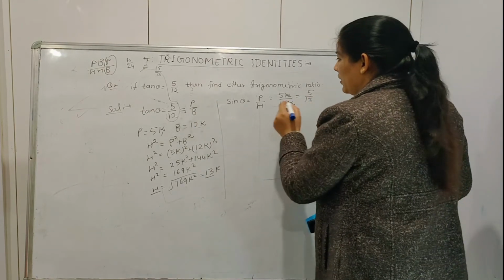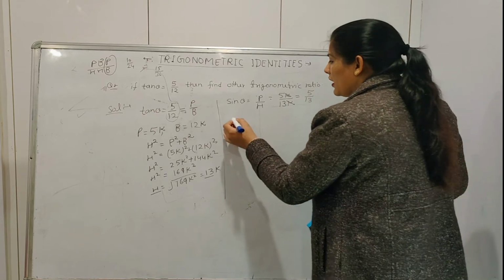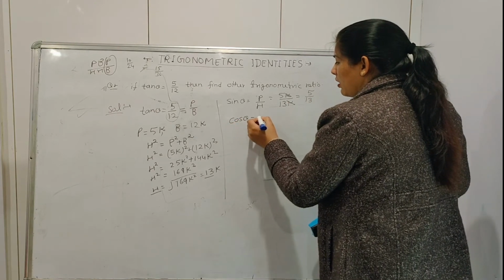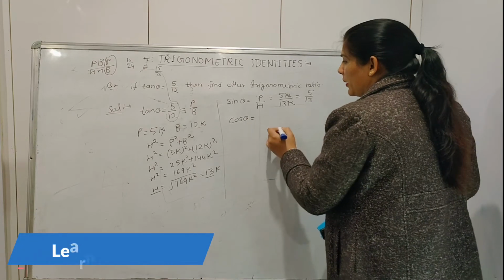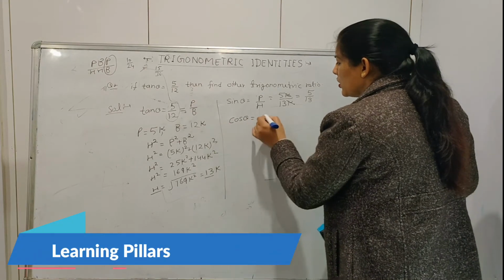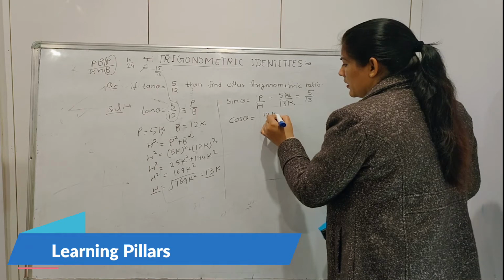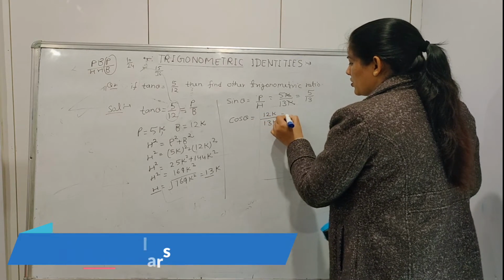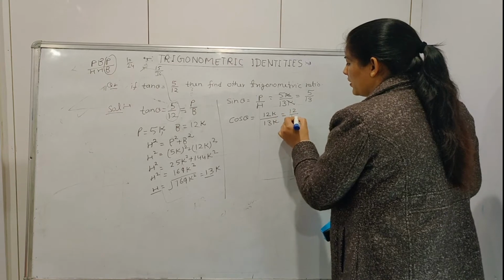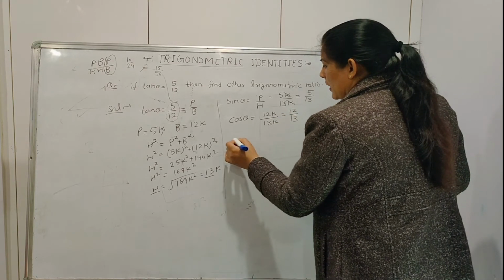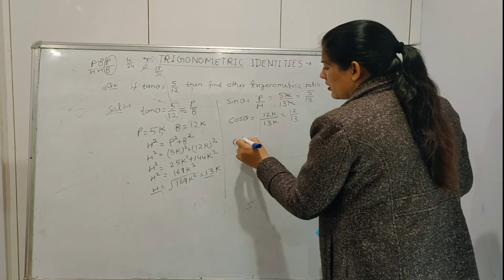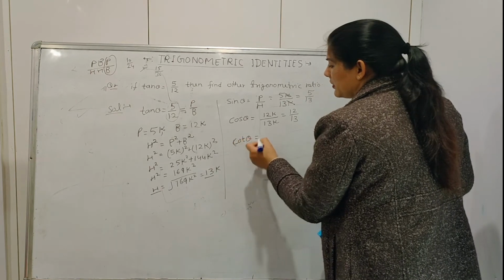So sin theta is 5 upon 13 and cos theta is base upon hypotenuse. So base is 12k upon 13k. So it is equals to 12 upon 13. Then tan theta is already given, and cot theta will be the reciprocal of tan theta.